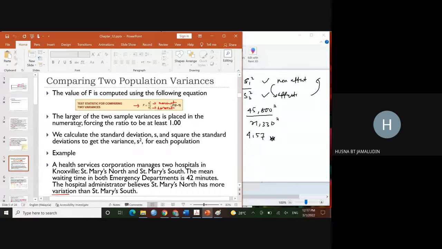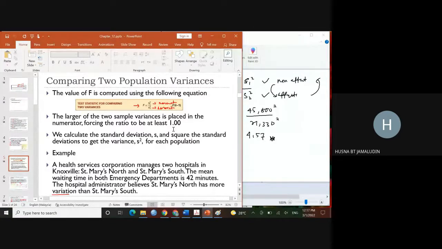It says that the larger of the two sample variances is placed in the numerator at the top, forcing the ratio to be at least 1. Normally we will put the larger value on top and the smaller value at the bottom because we want the value of F, or the ratio, to be at least 1.